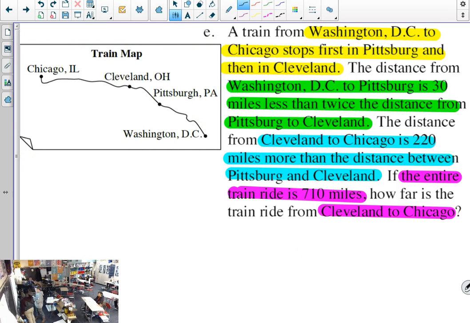You guys want to use the map and do something. I like visuals. And so for X, we got Y plus 220.